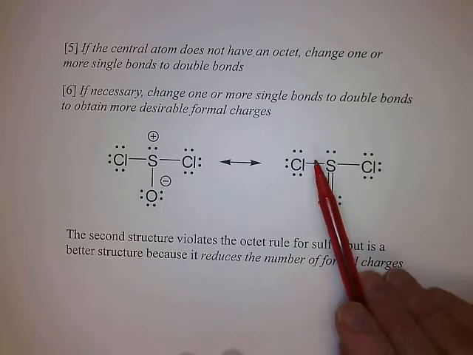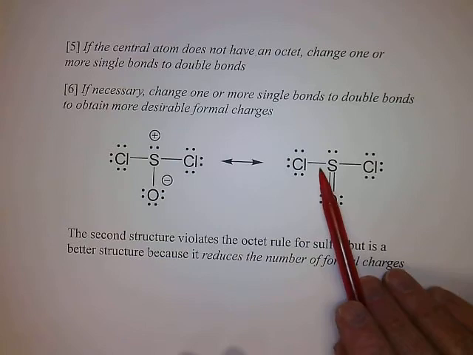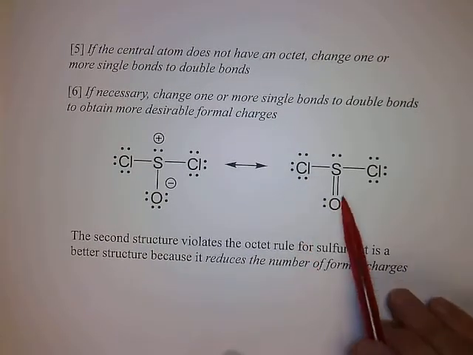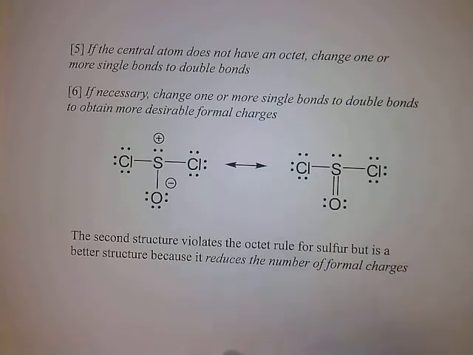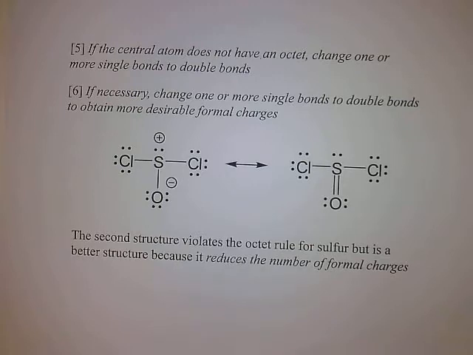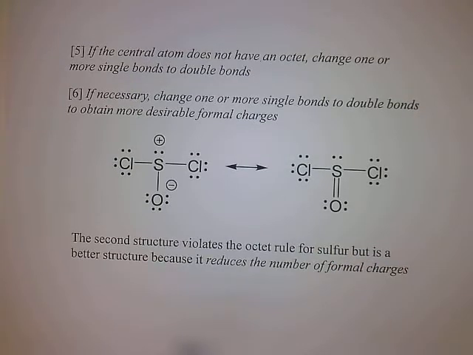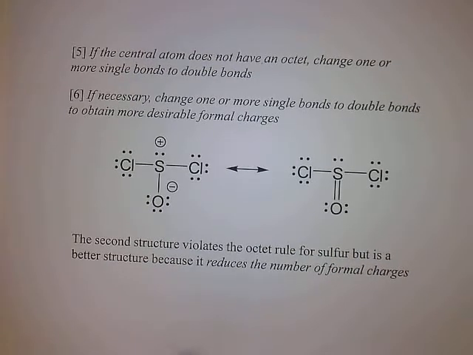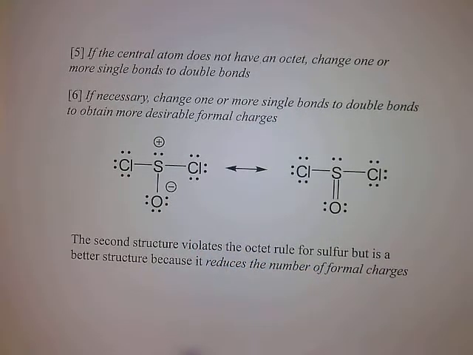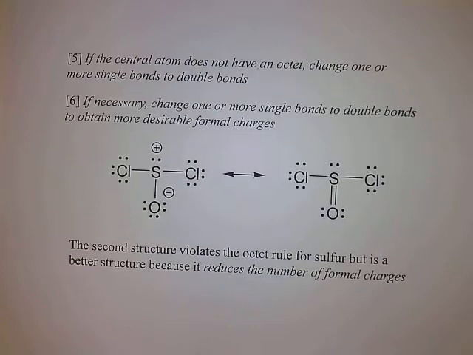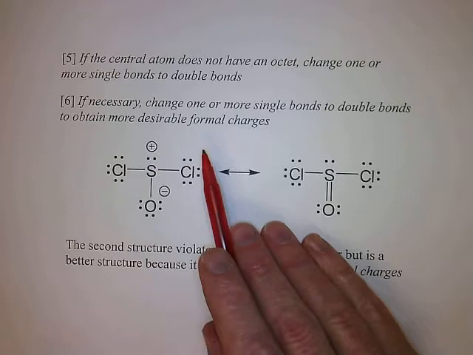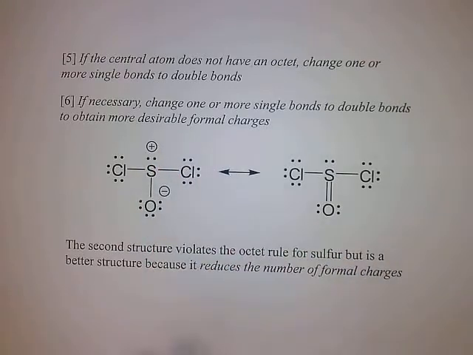The answer is yes, you could have, but the structure wouldn't be as good, because that would put charges on the chlorine, and you'd still have the negative charge on the oxygen. You'd still have a structure with a positive charge. Basically, the net effect is we'd move the positive charge from the sulfur to the chlorine.